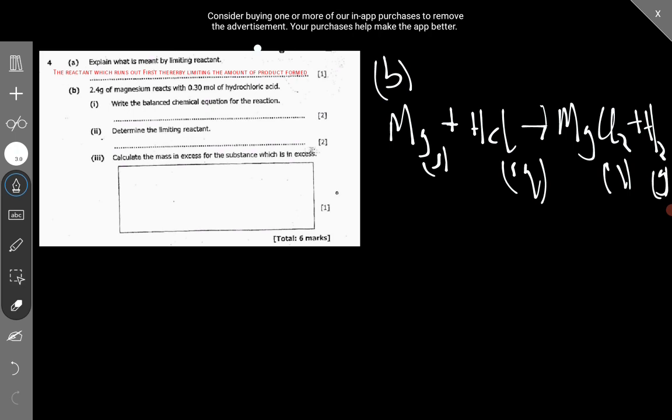So write a balanced chemical equation. Let's see if the equation here is balanced. To balance the equation, the only thing you have to do is put a 2 here, and the equation is balanced.